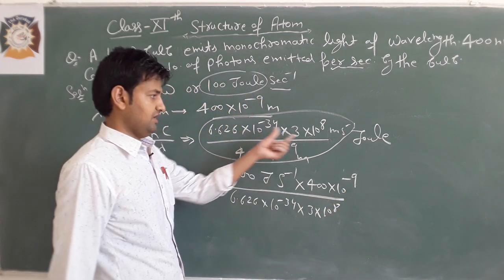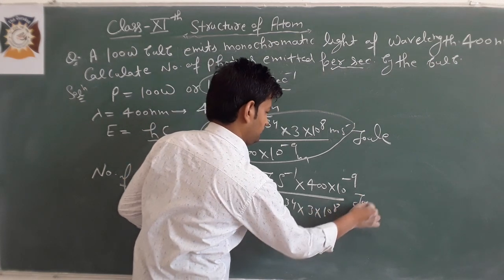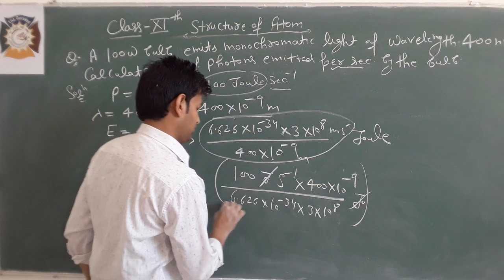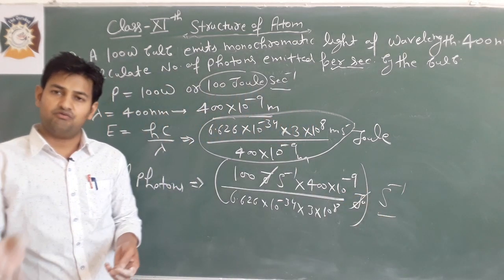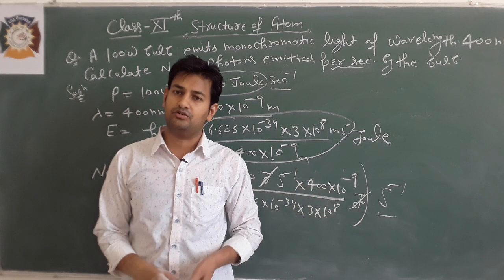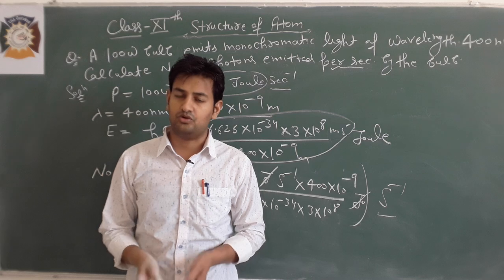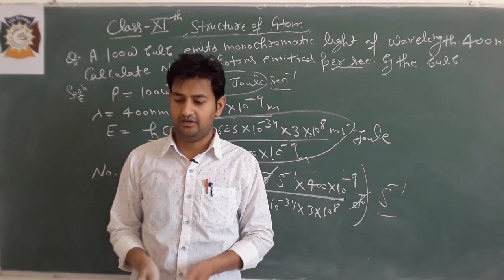Joule cancels, so here is the number of photons emitted per second. We know the energy of one photon and the total energy, so we divide the total energy by the energy of one photon.